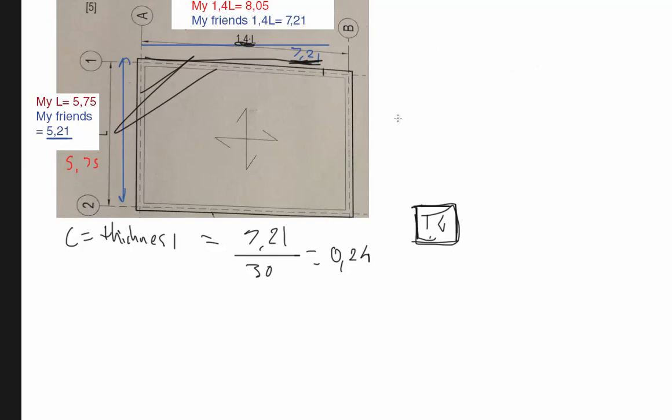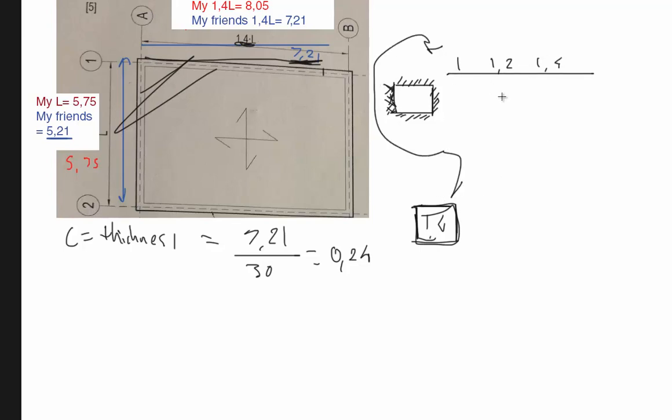For example, the x would be fixed supports, while this would be non-fixed supports. In this case, it would be one value, and there will be 1, 1.2, 1.4. This relation is right here, right? And there you get certain values, so MCY, MCX, and you would get different values.